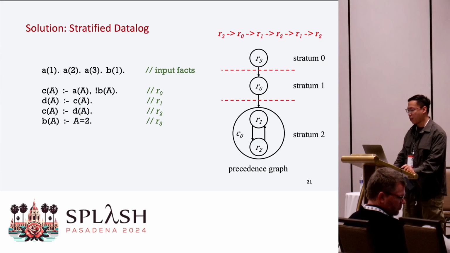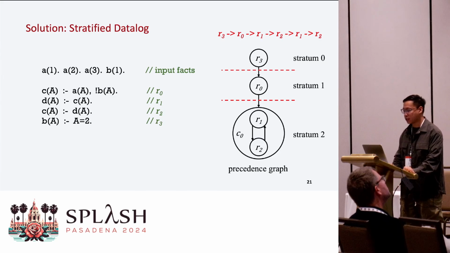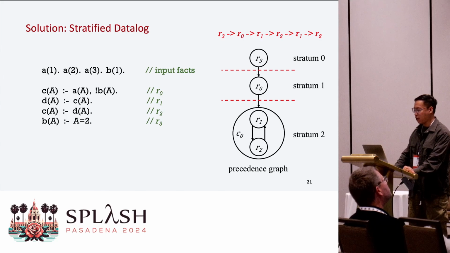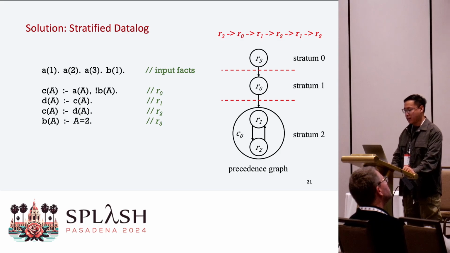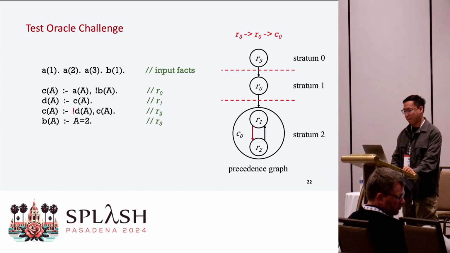Finally, for this program, we will obtain the following execution order. So for the newly added rule O3, we need to re-evaluate R0 first, then iteratively evaluate R1 and R2 until no new fact is derived. This means the recursion reaches the fixed point.